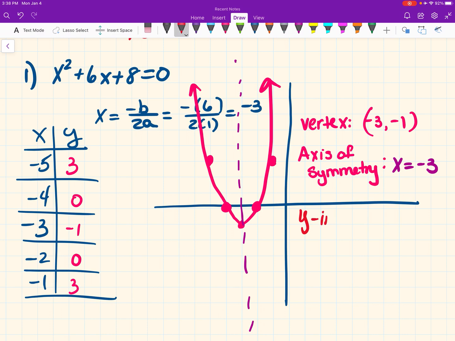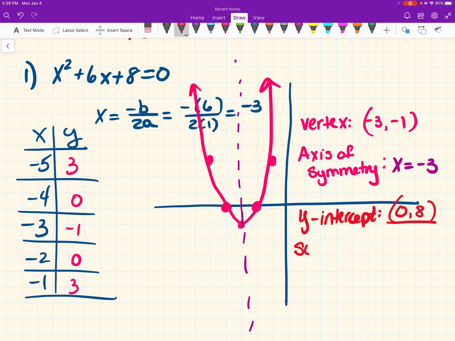Y-intercept. Now this time my y-intercept is not on the table that I wrote down on my sheet. So I'm going to go back to my graphing calculator, look at my table, go to x equals 0 and find it. And it's 0, 8. Don't just rely on your graph because our graphs are pretty crude. They're not very nice and neat.